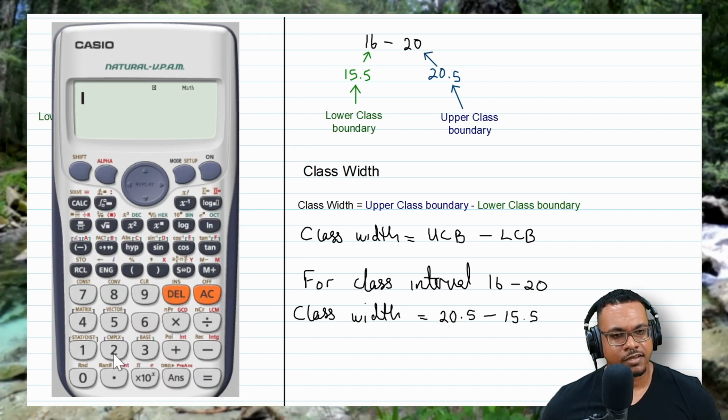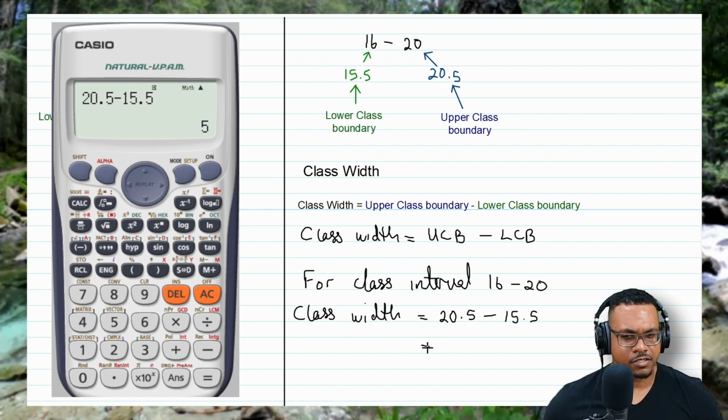All right, so if you go on a calculator, let's put in 20.5, take away 15.5, and we get 5. So our class width is equal to 5. So I'm just going to come here and put equal to 5.